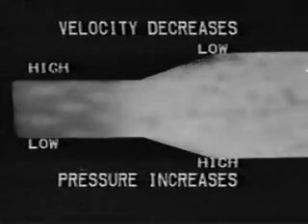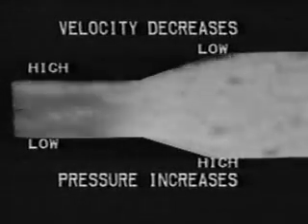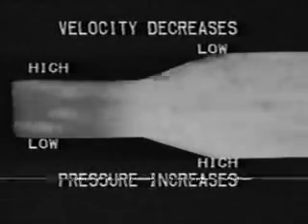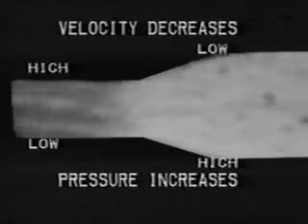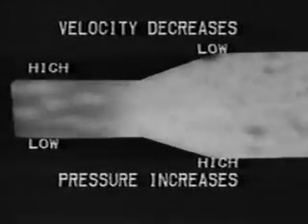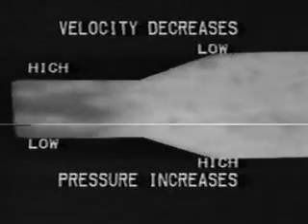If we allow the air to flow back into a pipe of the original size, the flow is now handled at a lower velocity. Since the velocity of air decreases, excess energy is converted into pressure increase. When air flows into a larger pathway, velocity decreases and pressure rises.